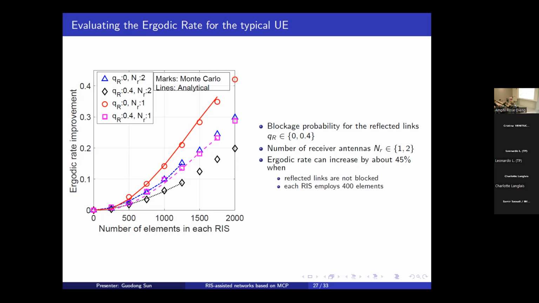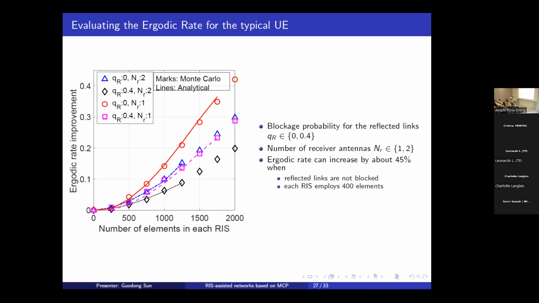We see that in the best case, when the user is equipped with 2 antennas, you can get an average gain of up to 45%. And that's subject to some condition, meaning the reflect link should have a clear view. No reflect link should be blocked.